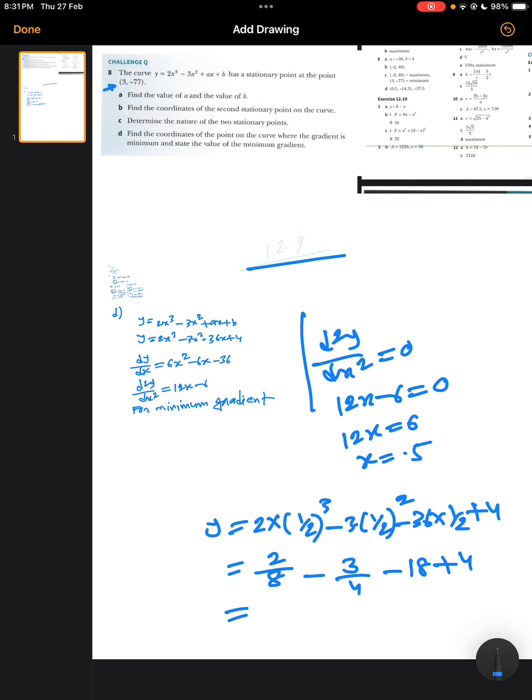We have to calculate actually. If I take 8 as the LCM, so 2 minus 6, 80 and 64, right? 144, plus 32.